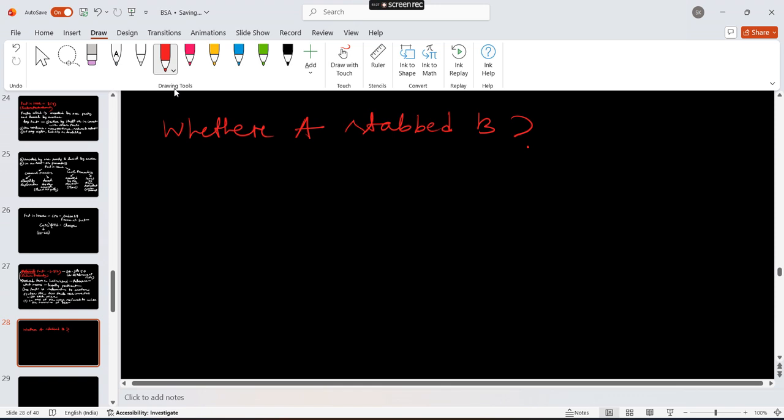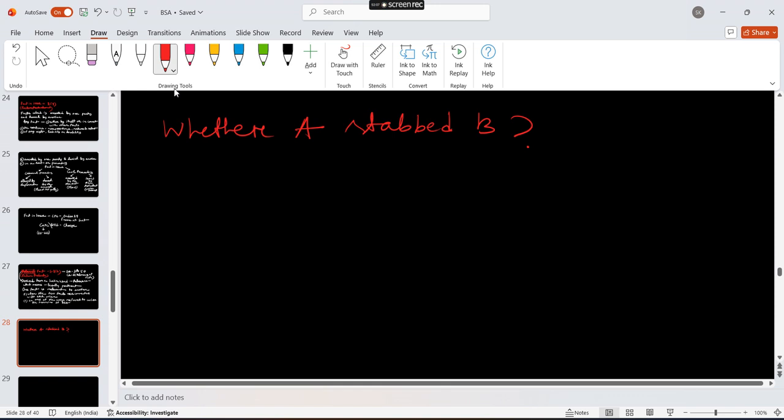Okay. So the first thing is A had bought a knife the day before the stabbing or the day before the death of B. And it can be established whether the stab knife is the same knife or not. Then this becomes a relevant fact. There can be other facts, that A had been seen in B's building with a blood-stained knife in his hand.